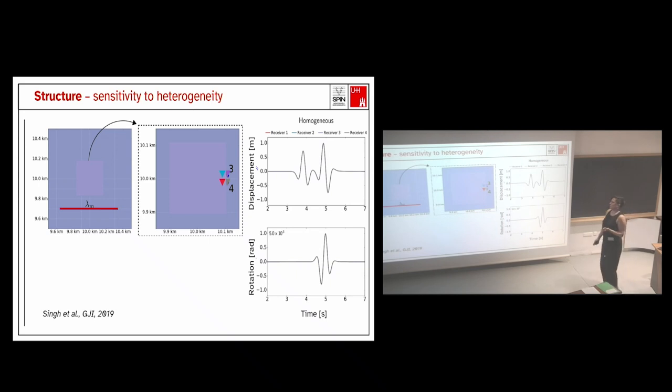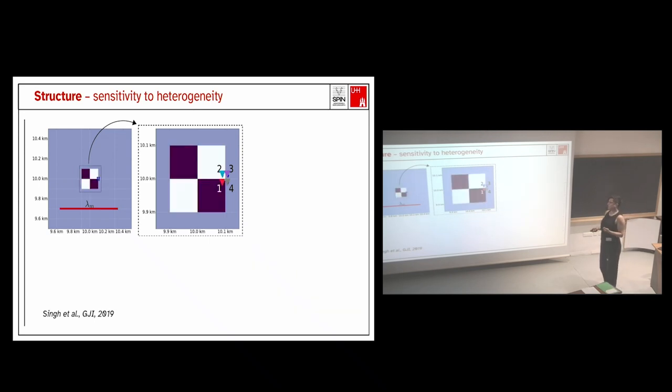Now, if you introduce heterogeneities here, so here just really strong heterogeneities right next to those stations that are measuring it, the picture changes a little bit. The heterogeneities introduced here are about 1/3 of the wavelength, pretty small.